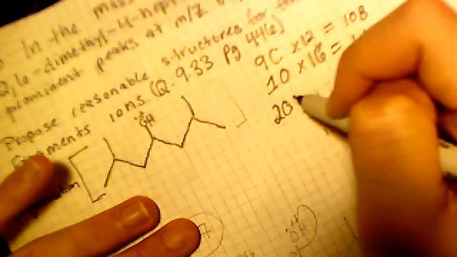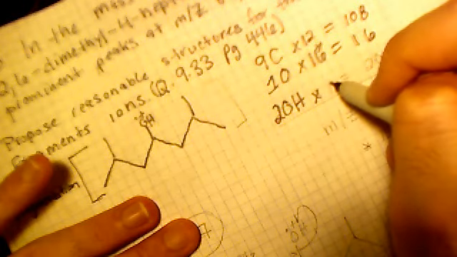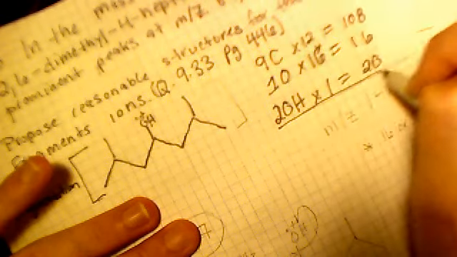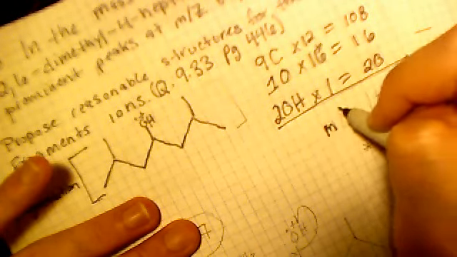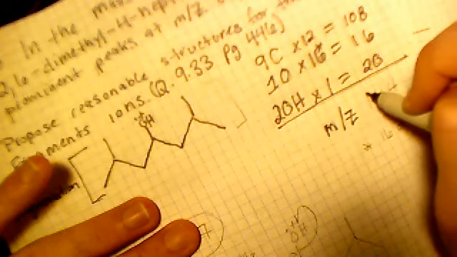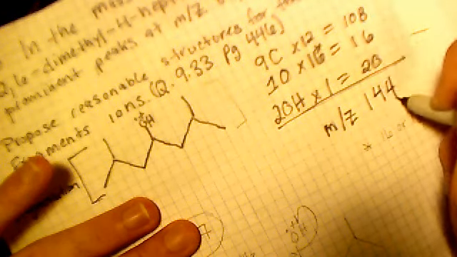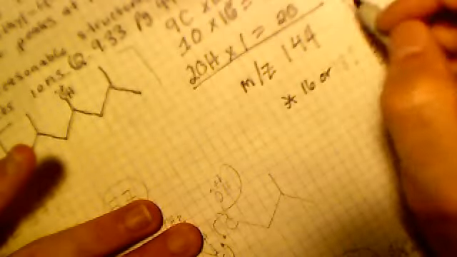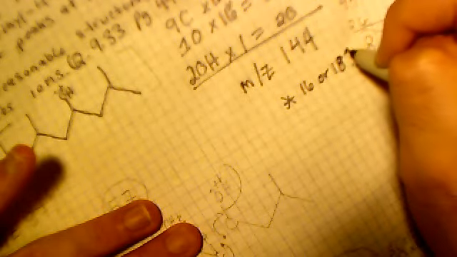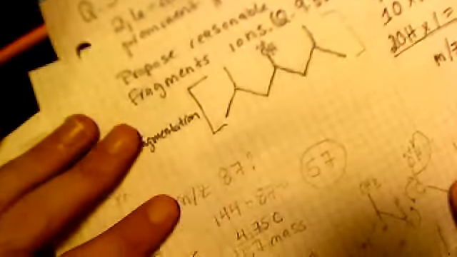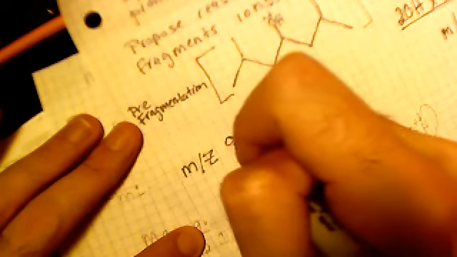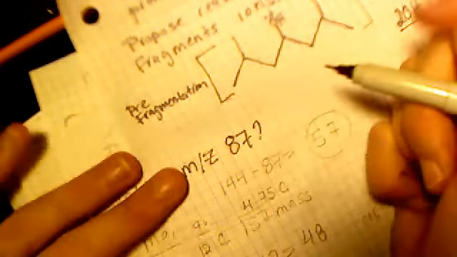And it has 20 hydrogens times 1, which equals 20. You add that all up, and you get a mass over charge of 144. So that little star, was it 16 or 18 for the oxygen? I didn't know.